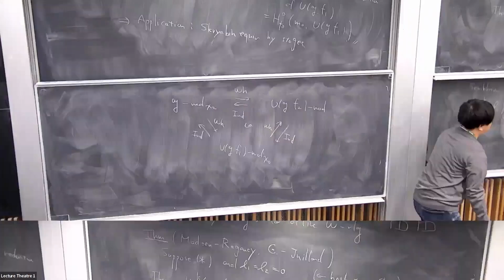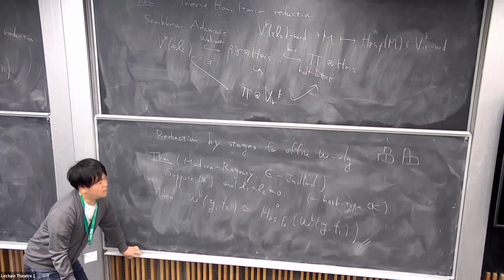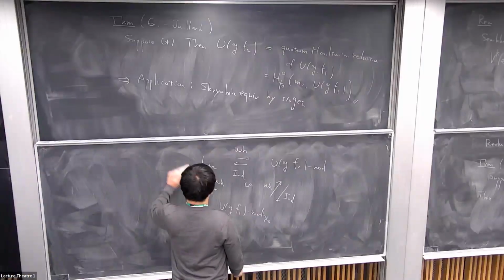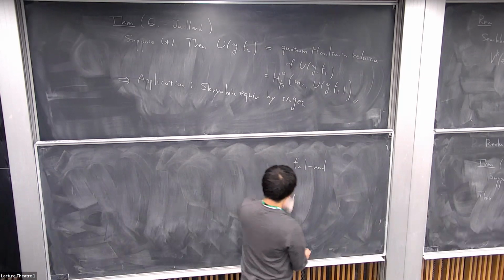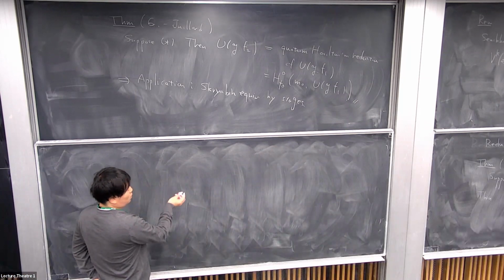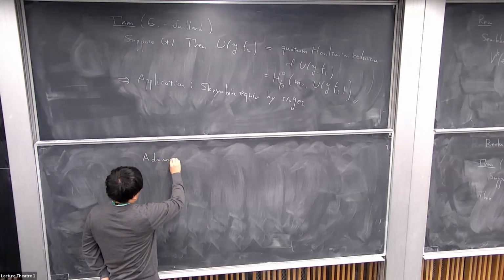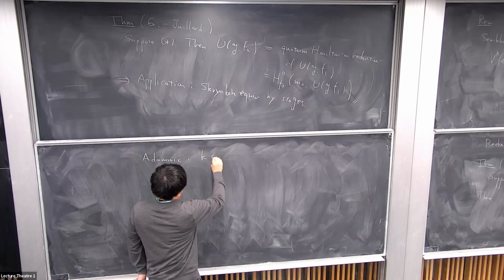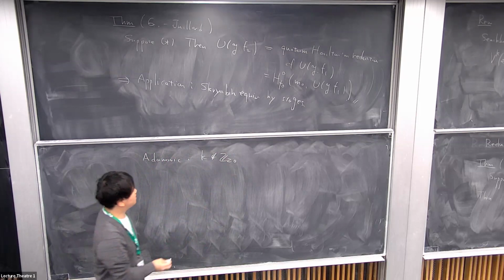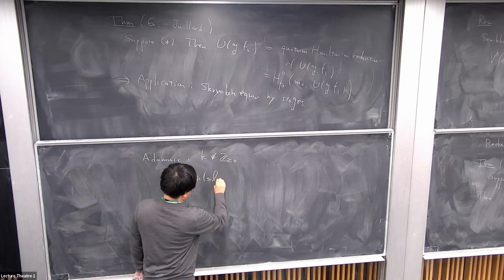Why is it important? This is very useful for making relaxed highest weight modules for admissible level. This is the statement. If k is not a non-negative integer, then this factors through the simple quotient.